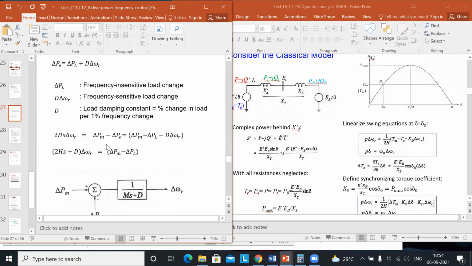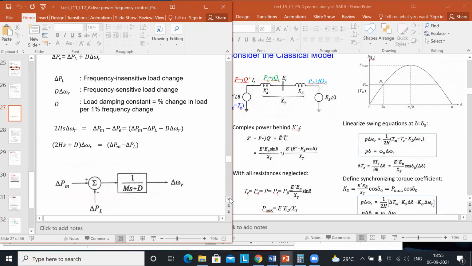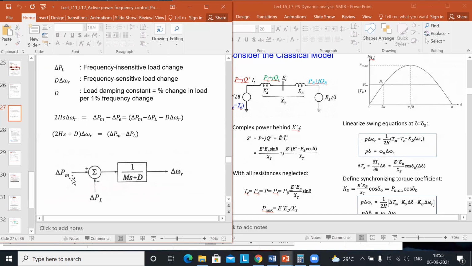Here we have represented the change in the power from the two sides, and this quantity we have represented from here. So we have this manipulation, and then we can say the difference of the two powers.